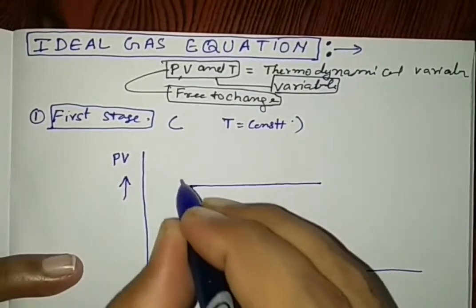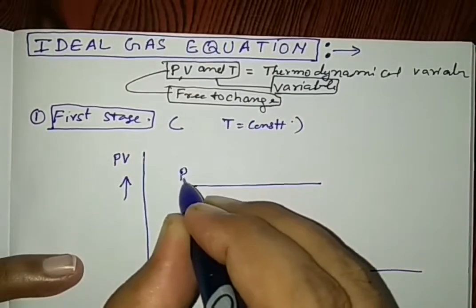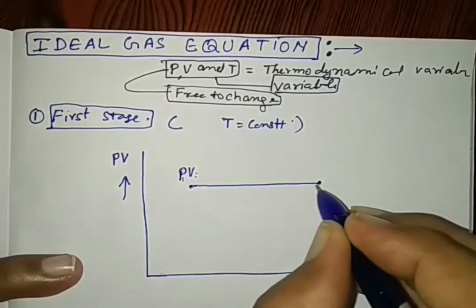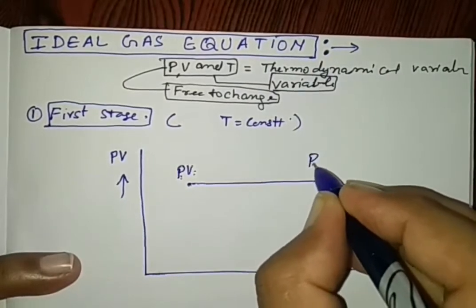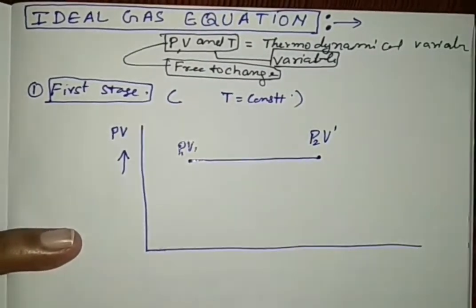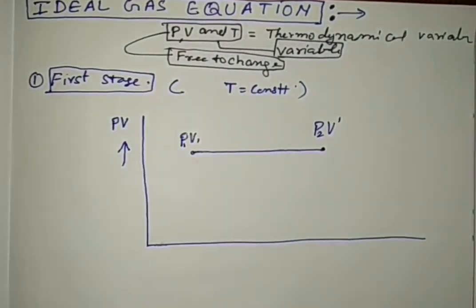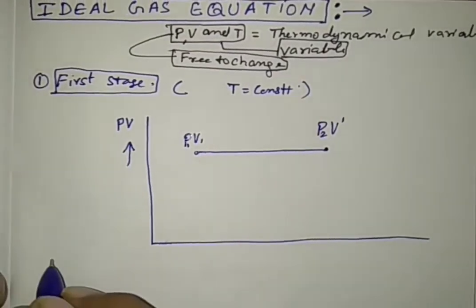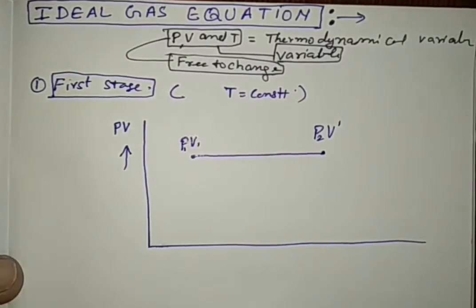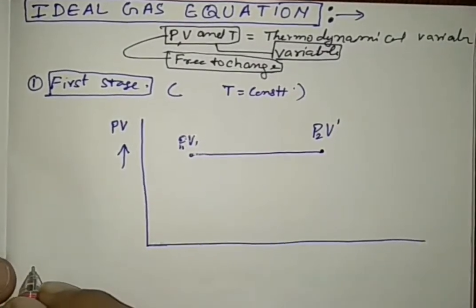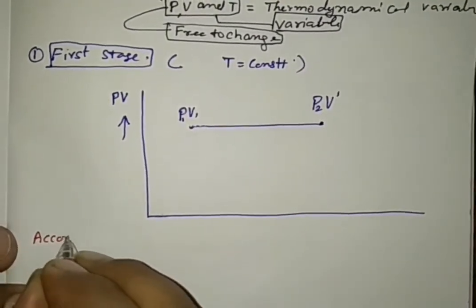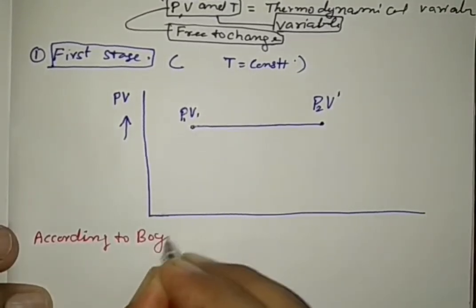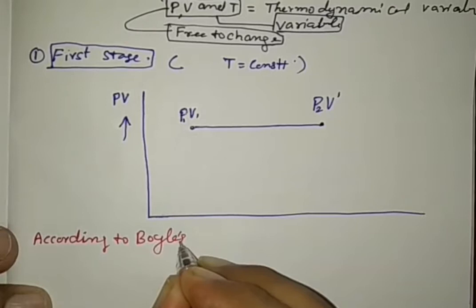Here it is P1 V1 and after some time it becomes P2 and volume V dash. So this is the condition of Boyle's law.